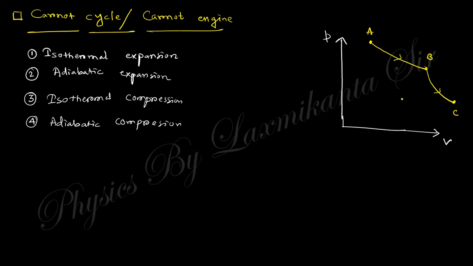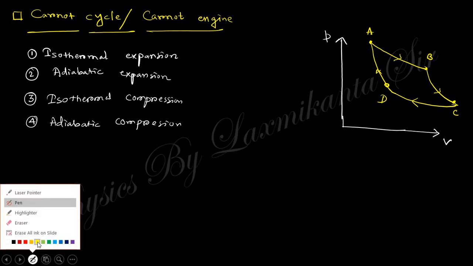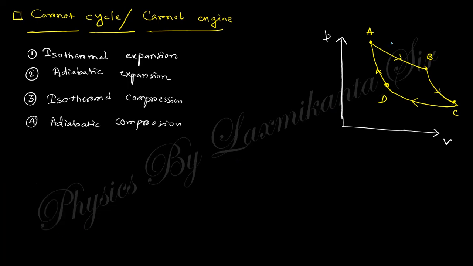Then isothermal compression, and after that adiabatic compression. Okay, this is D point, adiabatic compression. So this is process number 1, this is process number 2, this is process number 3, this is process number 4.